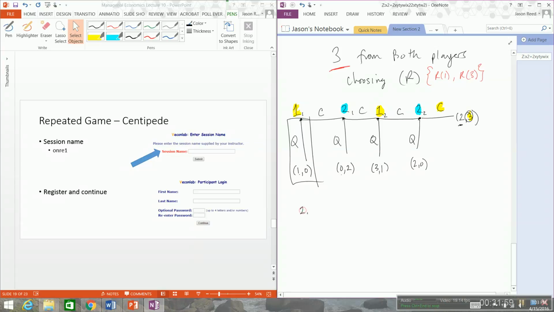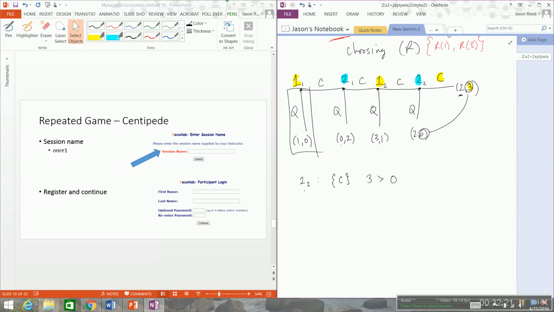At player 2's second choice, we see that player 2 is going to choose the action C and continue, because their payoff 3 is greater than nothing if they chose to quit, right? So we're comparing this and this value here.